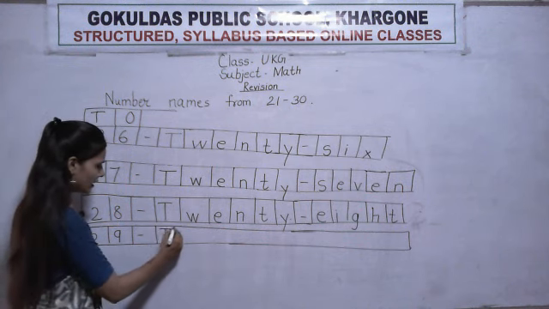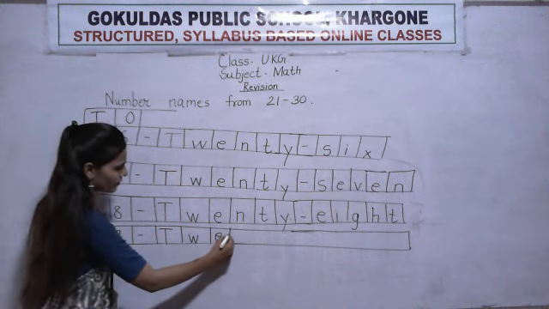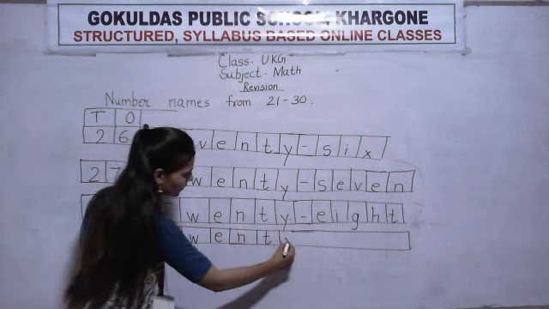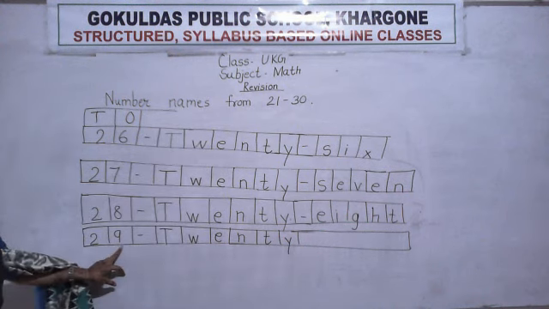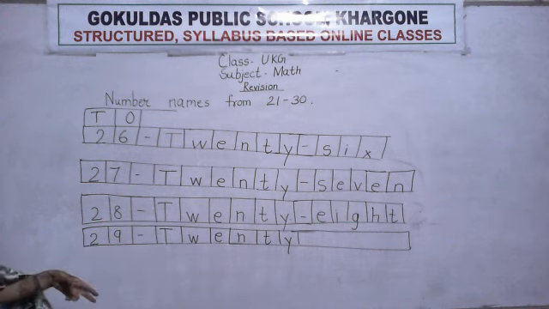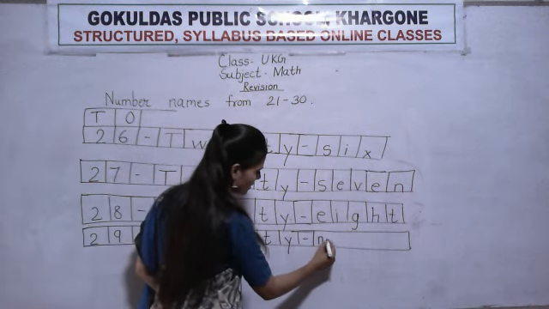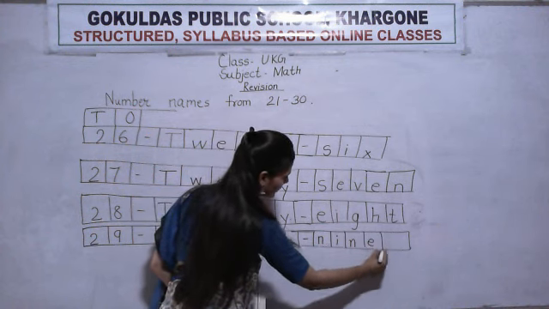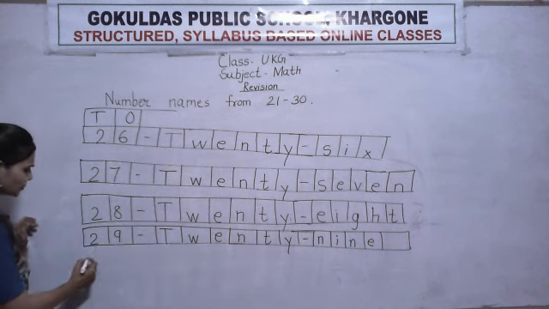So here we write T W E N T Y, because here 29 is there. So sleeping line and write here N I N E, 9. 29. Okay, now last.